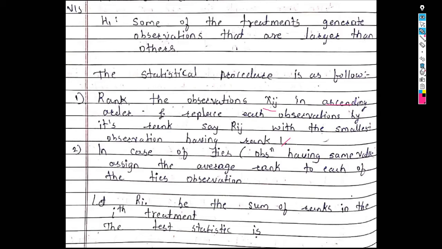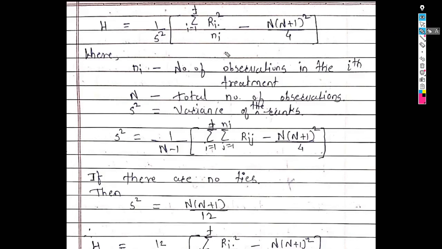So to test the above hypothesis, our test statistic is denoted by capital H. It is defined as 1 upon S² times [summation over i from 1 to t, since we have t treatments, of Ri.² upon ni minus N(N+1)² upon 4], where Ri. is the sum of ranks of observations in the ith treatment and ni is the size of each treatment, and N is the total number of observations.